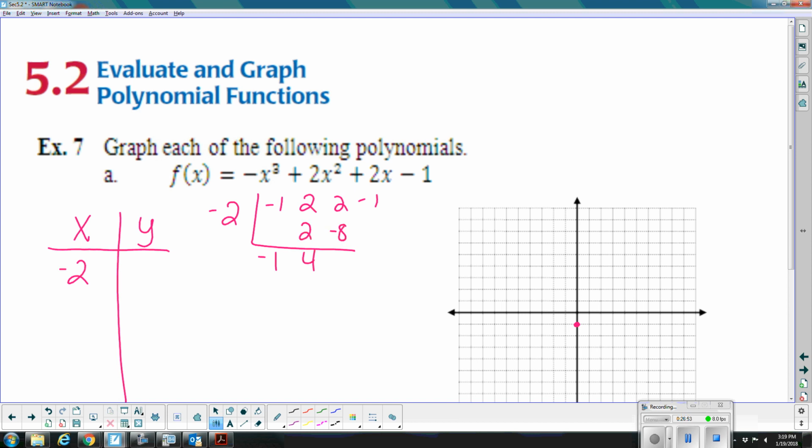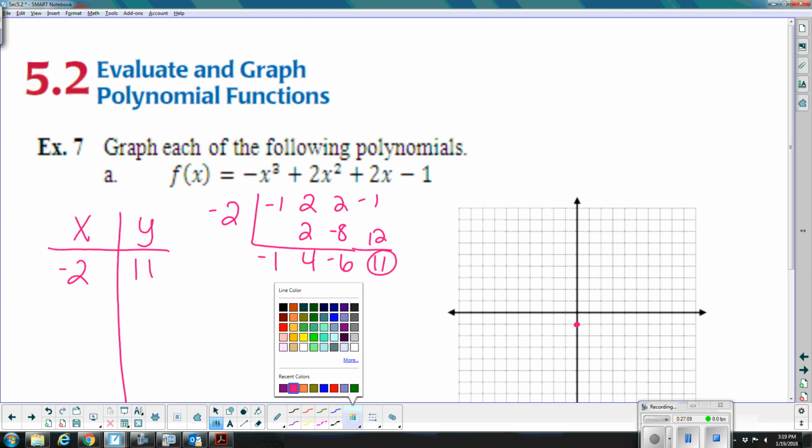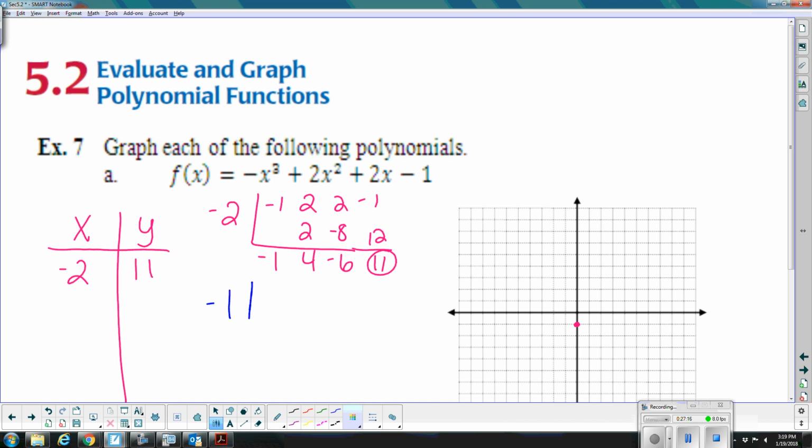Add those together. Multiply. Here's my coordinate for my y. Okay, so you can do this a bunch of different times. I'll choose -1 this time.